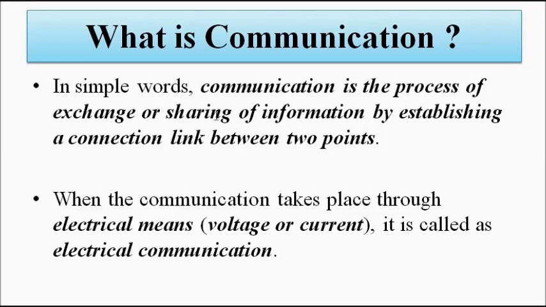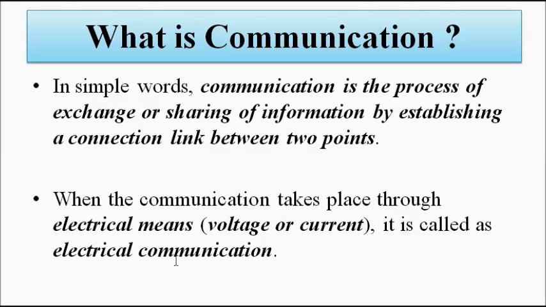But when we talk about electronic communication, here the information, the data for exchange or transfer or sharing between 2 points, has to be in electrical form. So electronic communication data should be in electrical form, that is suitable voltage or current form.